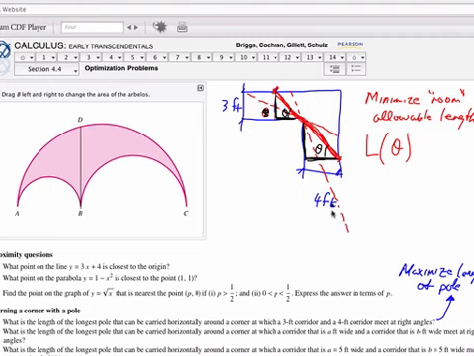Those are the same angles, correct? They're the same because these are parallel lines, so that has to be the same angle as that. Okay, so the whole length is, say, L, and let's break it up into L1 from there to there, and L2 from there to there.